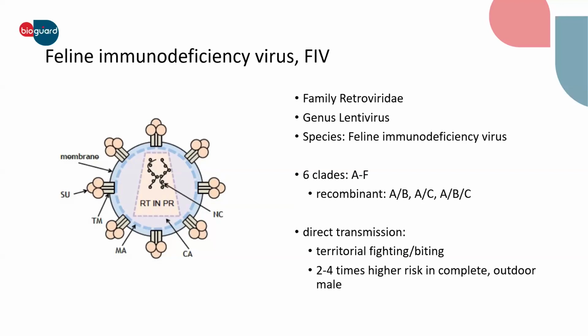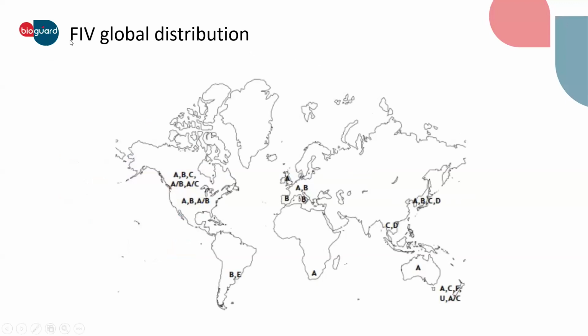It is also transmitted through direct transmission, especially through fighting and biting, and for outdoor intact males, it's a 2 to 4 times higher risk. And that's the FIV global distribution. In North America, A, B, C, and recombinations between A, B and A, C have been reported.